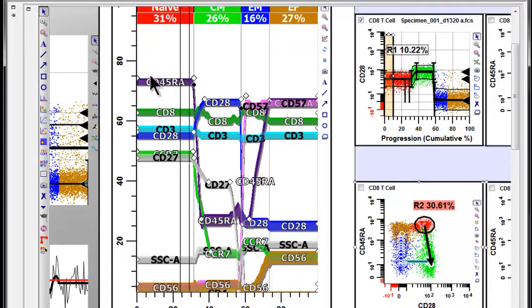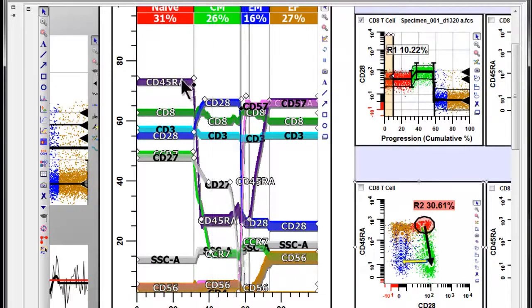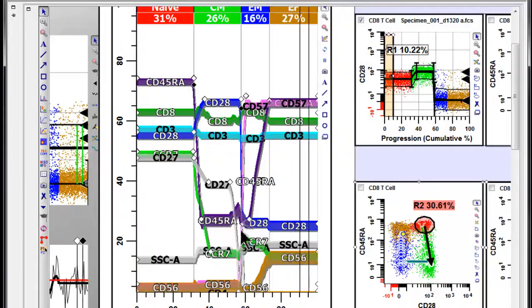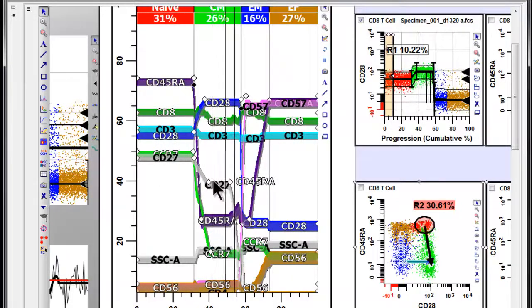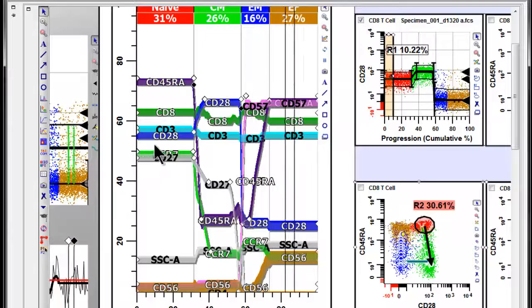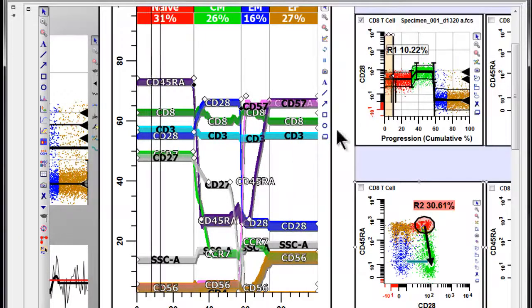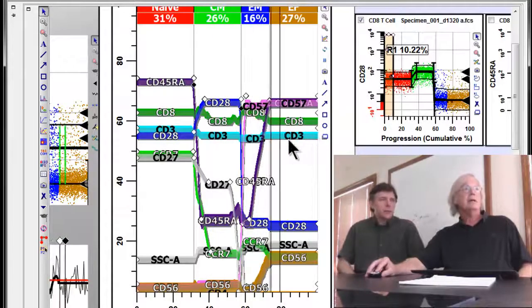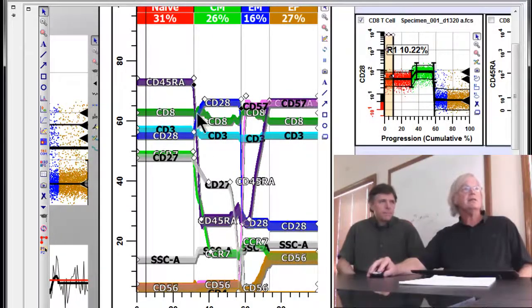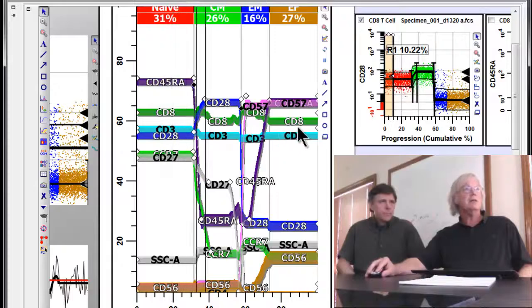So here in one graph, we now can look at all the markers that are in this progression and see what they're all doing as the T cells progress from being naive cells to effector cells. And you've even got some that we weren't looking at in the dot plots up there. Exactly. You can see that CD8 actually modulates a little bit here.